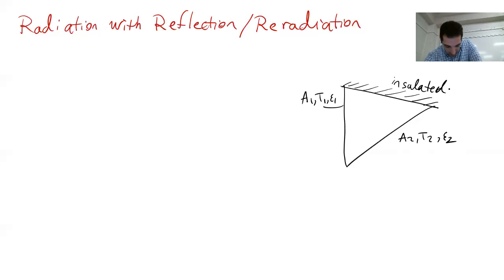And the inner side is what we show as the area of re-radiation, or A sub R, temperature of re-radiation, or TR, and emissivity of that surface.